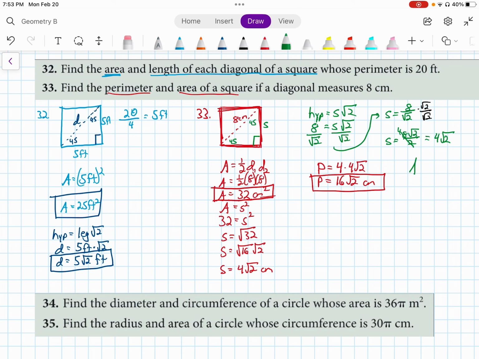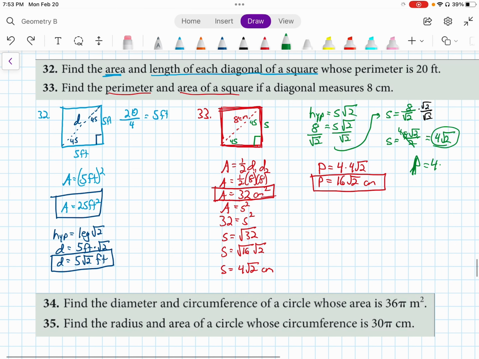And once you know that, you can find the perimeter. If every side length is 4 root 2, you multiply that by 4 to find the perimeter of the square, which we actually have already done. So the perimeter is 16 root 2 centimeters, and the area is the side length squared.